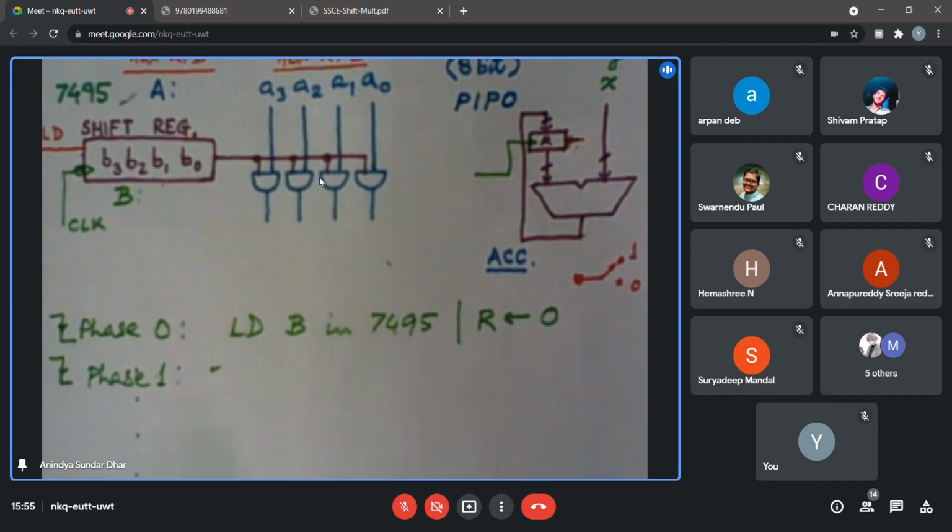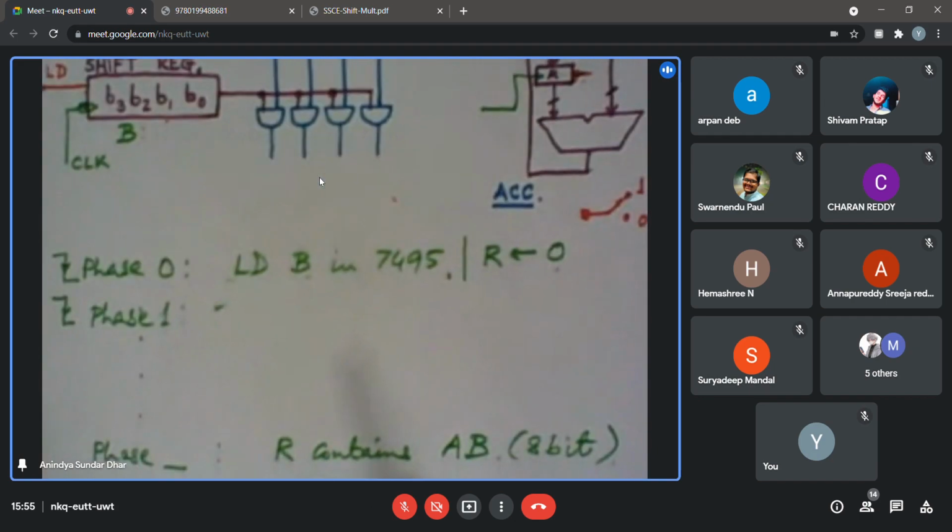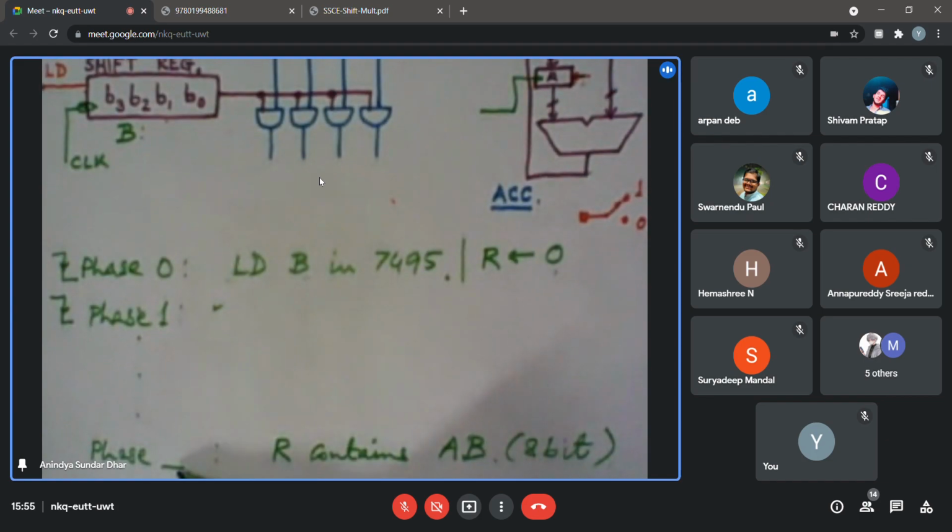In the initialization phase, I have said to load B into 7495 and reset that to 0. The rest, you may count how many clock cycles will be required to accumulate the full result in the register. Finally, you put that number over here; I have kept a blank here, whether it is phase 4, phase 5, phase 6, whatever.